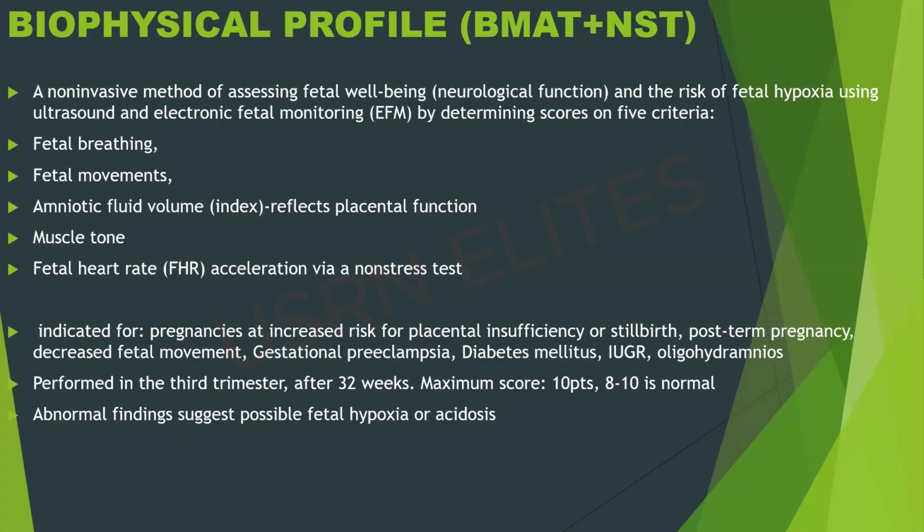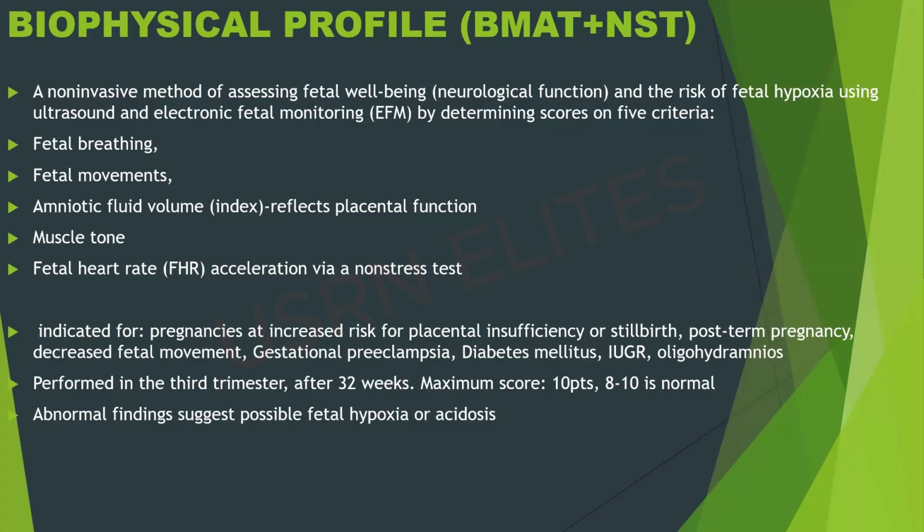Mostly these tests are performed in the third trimester, after 32 weeks. And because they are 5, that is BMAT, breathing, movement, amniotic fluid, tone, and heart rate, the maximum score that you can get is 10, that is 2 for each.